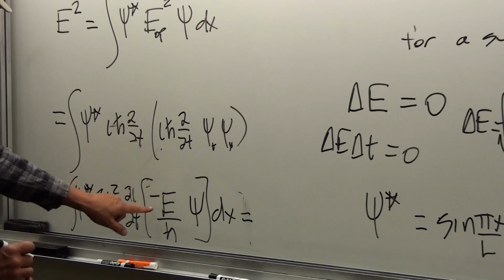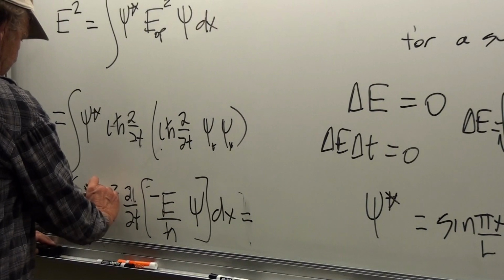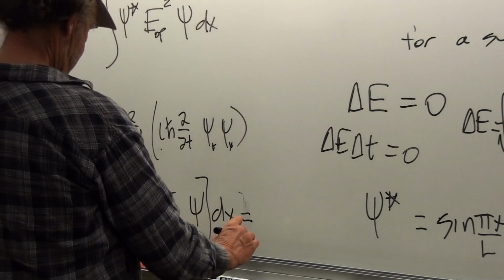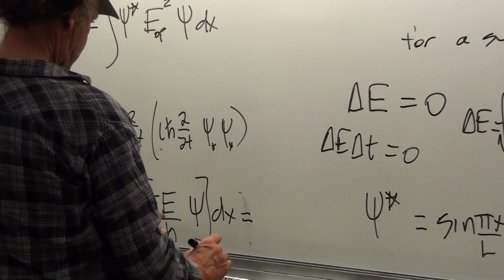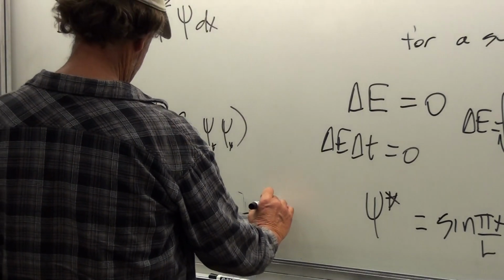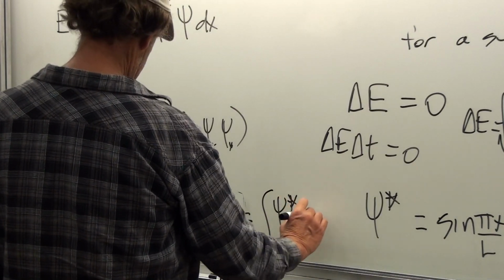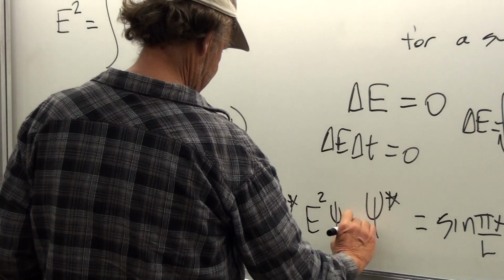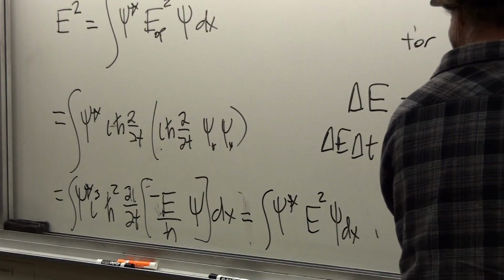We have i, oh, there's another i, so that's i cubed, sorry. And then this is i E, that's E psi over h bar, so that's going to give us then just the integral of psi star times E squared psi dx. A little bit of algebra in there.